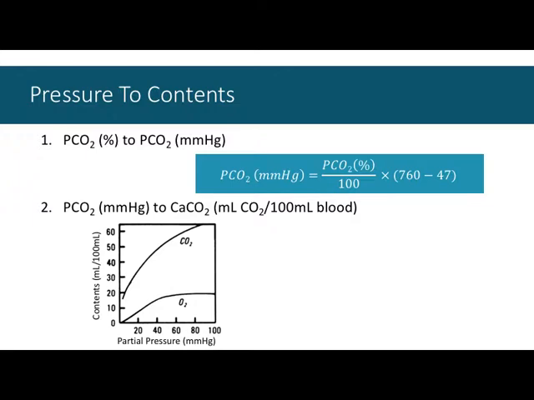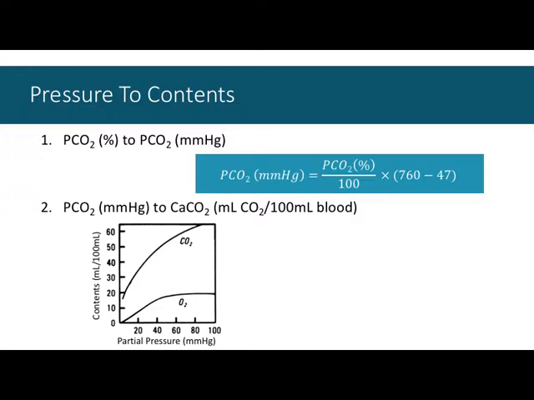There's one for oxygen along the bottom, but we don't care about oxygen because we're not using that in our calculations. We care about CO2. We're going to get a partial pressure of CO2, and we want to follow that up to its point of intersection with this curve, and then figure out where that is on the y-axis contents scale.